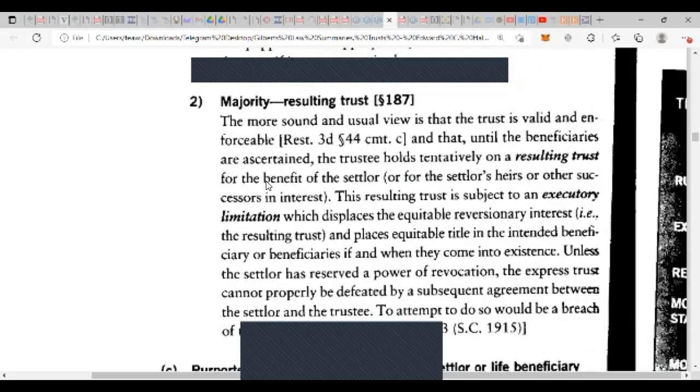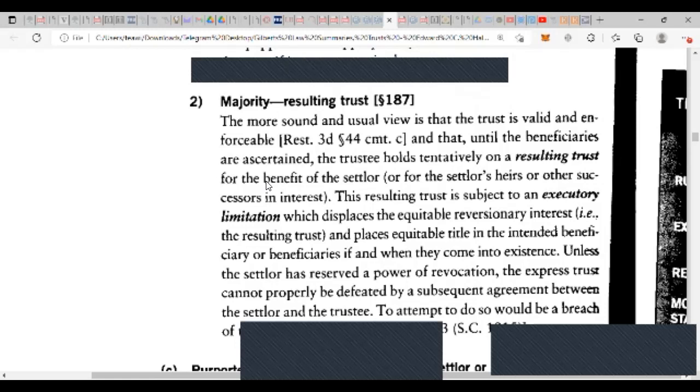Number 2, majority resulting trust. Section 187. The more sound and usual view is that the trust is valid and enforceable, Restatement Third, Section 44, comment c, and that until the beneficiaries are ascertained, the trustee holds tentatively on a resulting trust for the benefit of the settlor or for the settlor's heirs or other successors in interest.